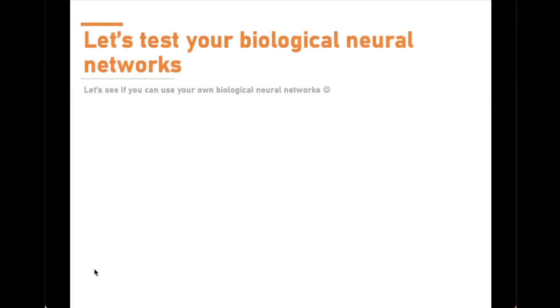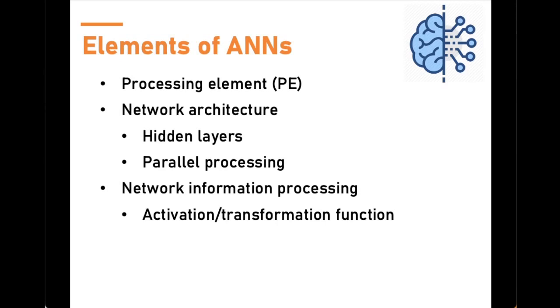Okay, welcome back. So now let's see if you have learned something. There are some elements of artificial neural networks that we need to understand even further. They are the processing element of artificial neural networks, the network architecture, and network processing information.